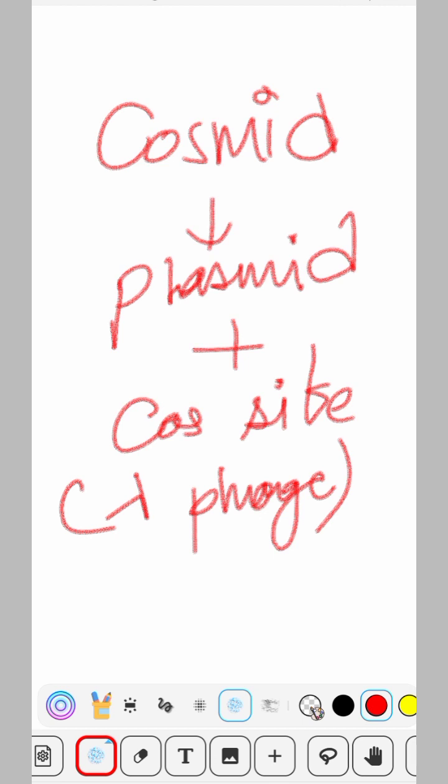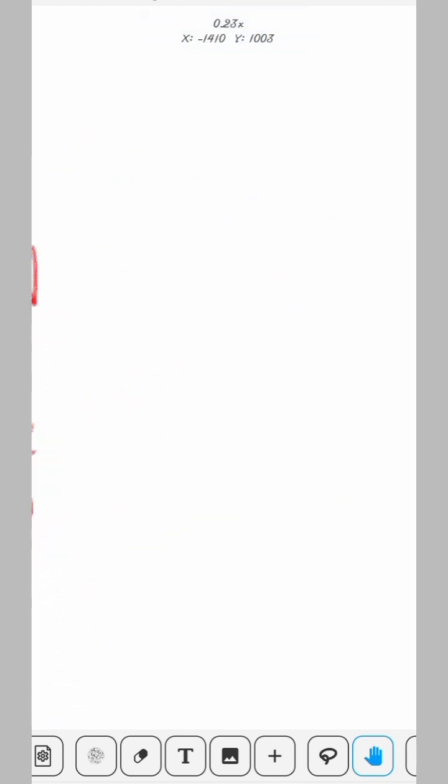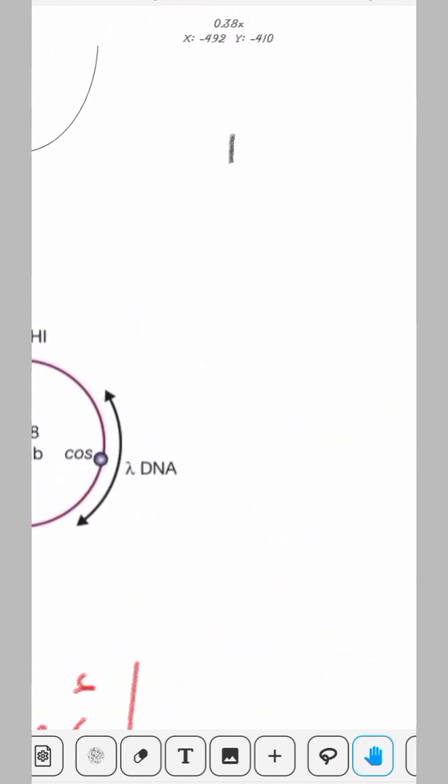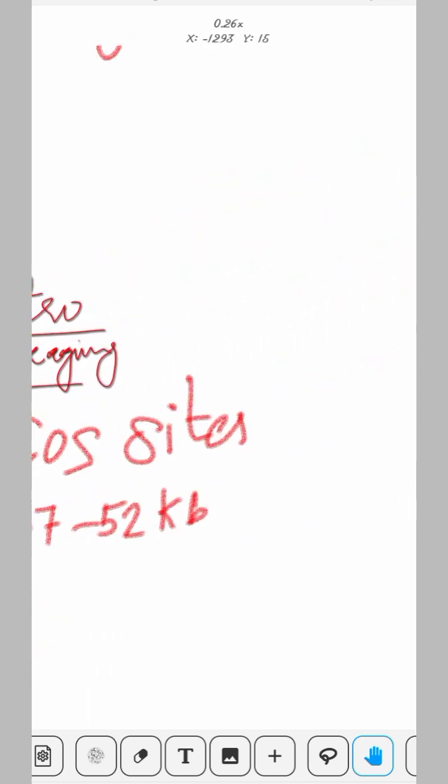Cosmids also have unique multiple cloning site regions into which DNA fragments can be ligated. Cosmids have unique sites like EcoRI and BamHI.